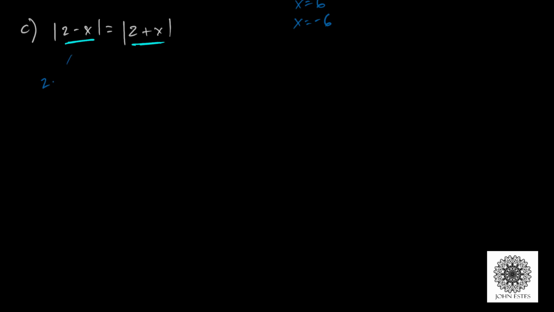It can give you 2 minus x equals 2 plus x. It can give you 2 minus x equals negative times 2 plus x. It could give you the situation where negative 2 minus x equals 2 plus x, and lastly it can give you the situation where negative 2 minus x equals negative 2 plus x.